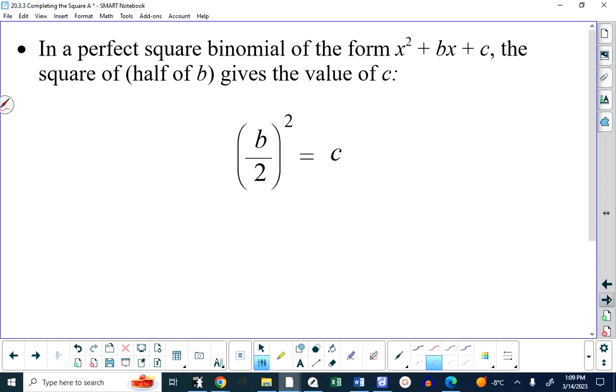If this is a perfect square trinomial, what number must C have for a value? Liberty, do you know? 100, perfect.